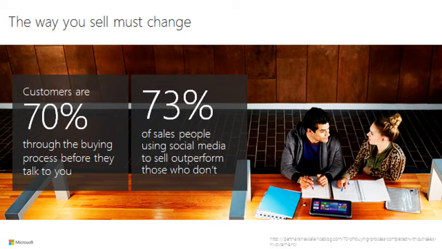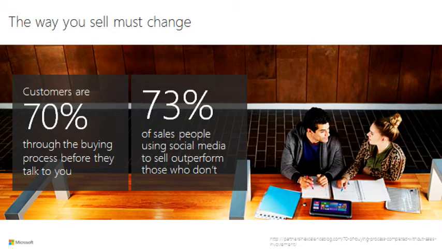Social selling is on the rise, and social selling best practices encourage people to develop a relationship through social networks, so that the customer doesn't even think of their contact as a salesperson, but more of a trusted advisor. And as the second square suggests there, the outcomes appear to be worth the investment, when 73% of salespeople who are using social media outperform those that don't.